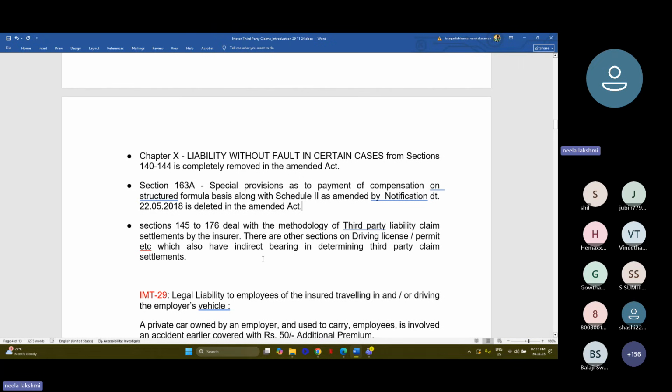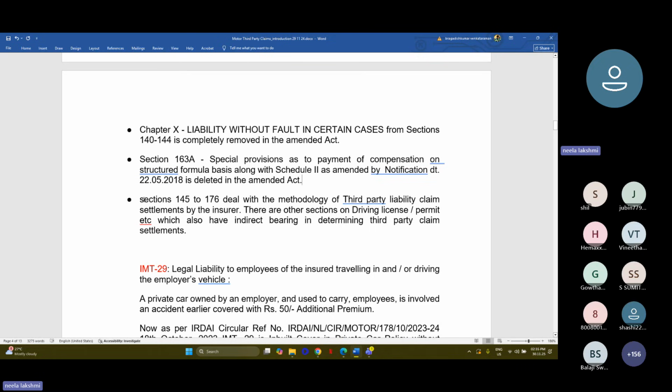Sections 145 to 176 deal with the methodology of third-party liability claim settlements by the insurer. There are other sections also. Apart from this, these are the direct methodology based on which we handle the third-party claims.